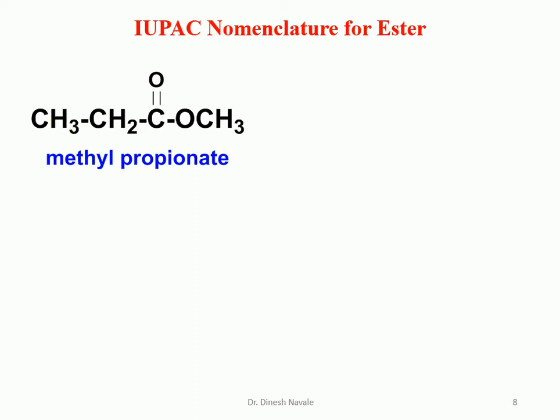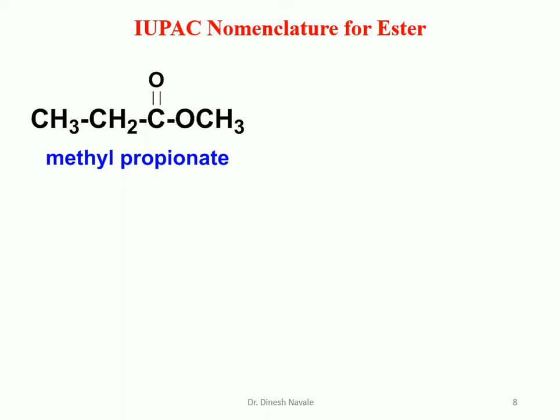So it is a propanoic acid, not pentanoate. So it is going to become a propionate. The ATE part belongs to the carboxylic acid. So 3 carbon atoms, it is a propionate, and 1 carbon atom is your methyl. So it is methyl propionate, which will be the IUPAC nomenclature for the ester molecule.